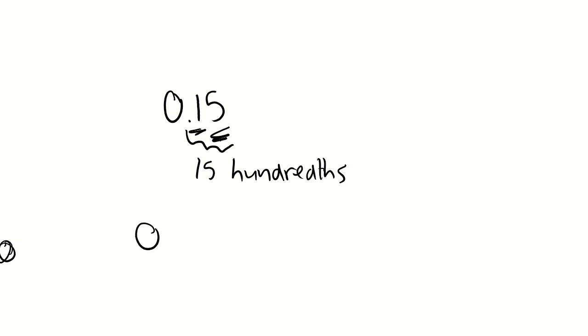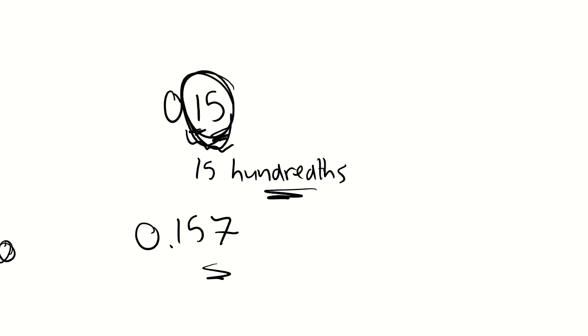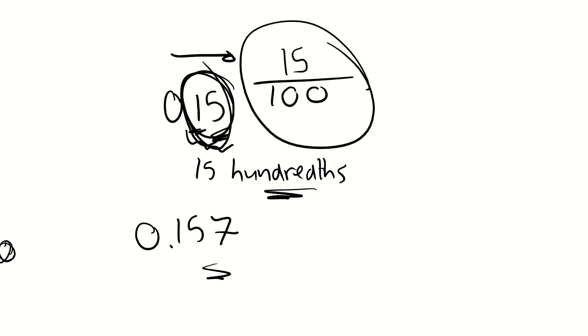Now you're going to ask me, how do I know when to say hundredths or like thousandths for this one? Well, if there's two decimal places, two digits to the right of the decimal, that means the denominator is a 100. That means we put a 15. How do we say this fraction? 15/100ths.